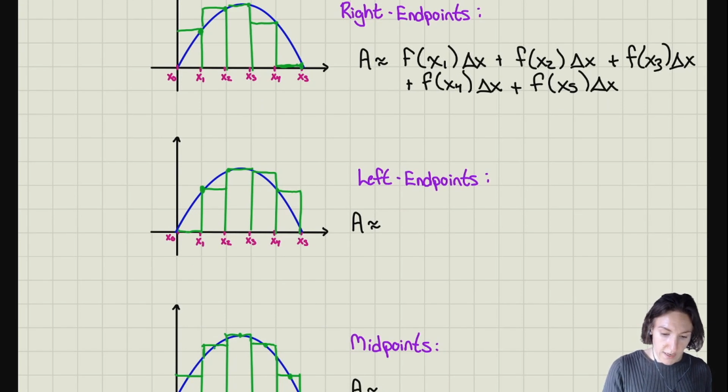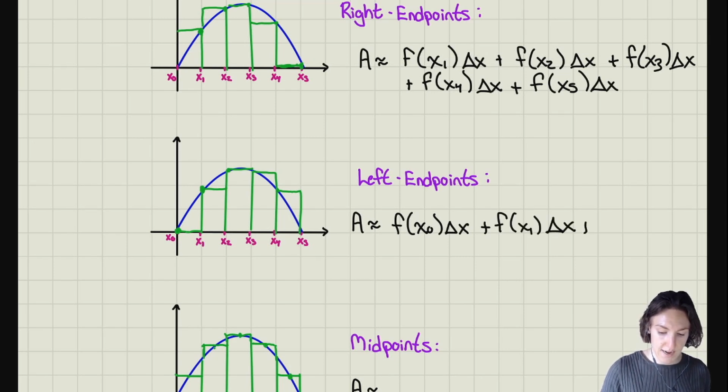But if I'm looking at the left endpoint, I'm not starting at x1 this time. That first rectangle depended on f at x0. So I have f of x0 delta x, and this time my second rectangle will depend on f being applied at x1. So the area of that second one would be f at x1 times delta x.